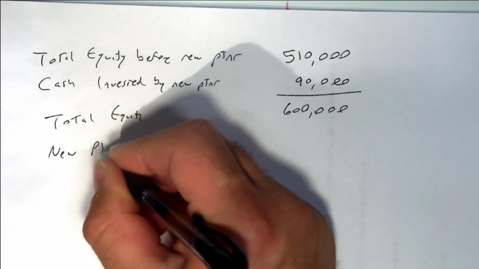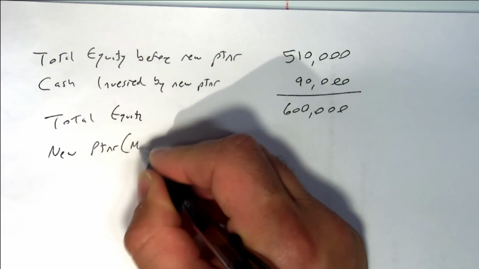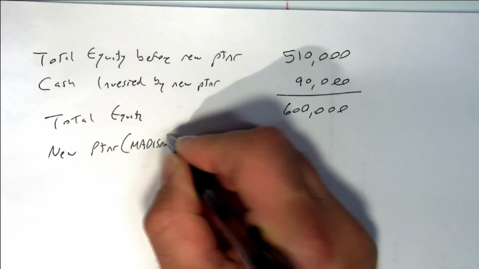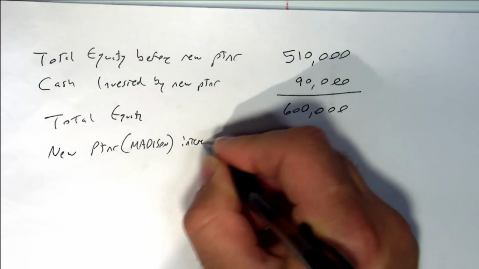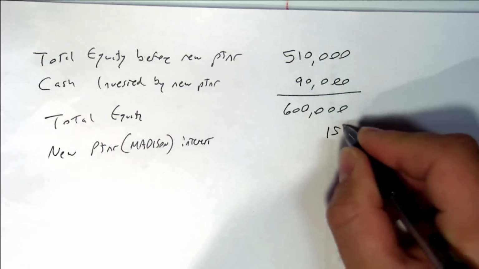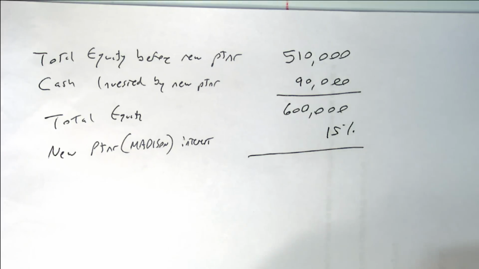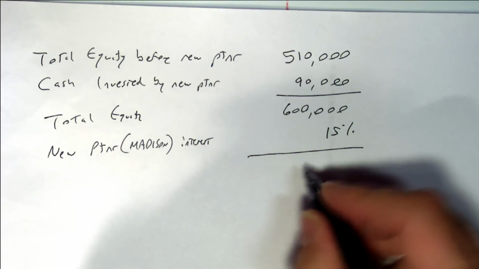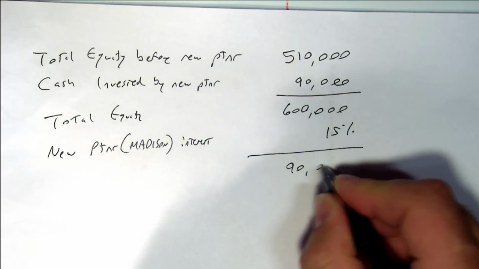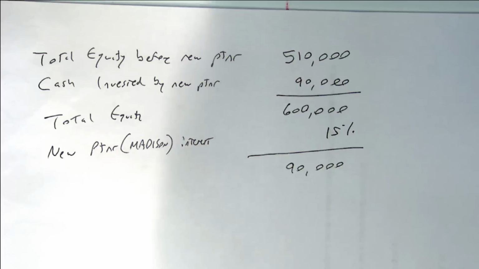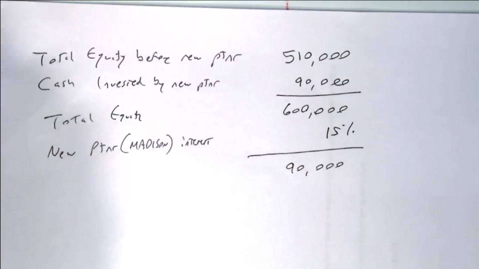The new partner, and I think that's Madison, right? Yep. Interest will be 15%. What's 15% of 600,000? 90,000. You're correct.